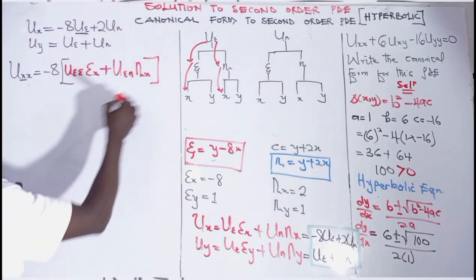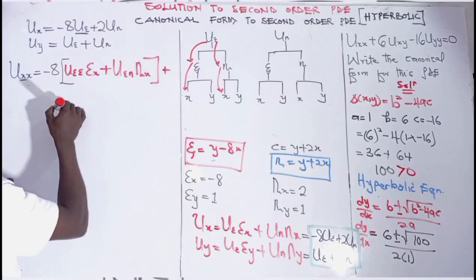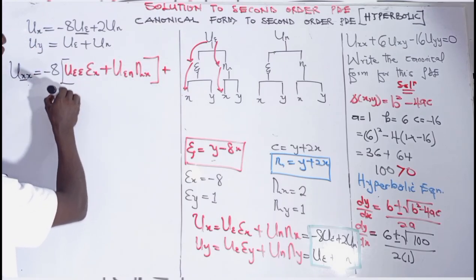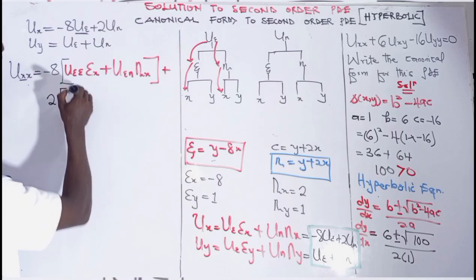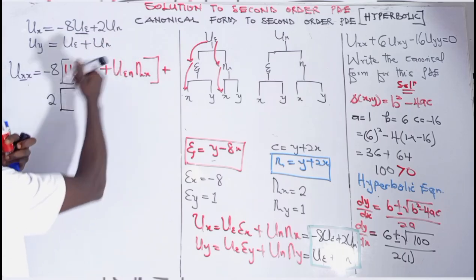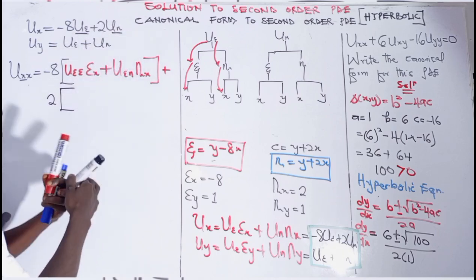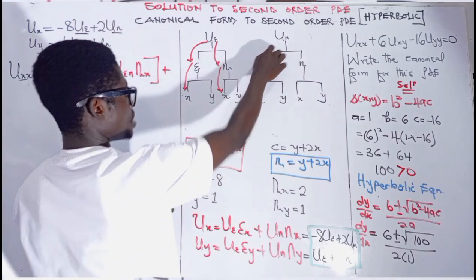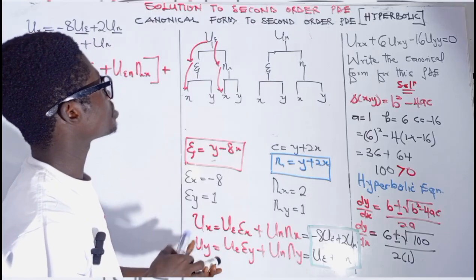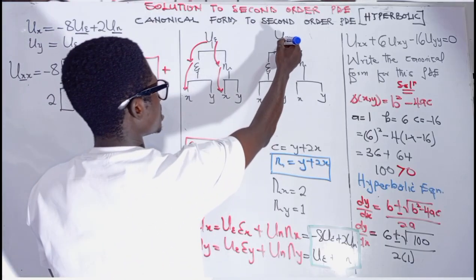Move on to u eta. So we have plus, and then we have 2. We are also going to find the expression for u eta using the diagram here. So how do you find the expression for u eta? Going through the same steps, we move in this direction.